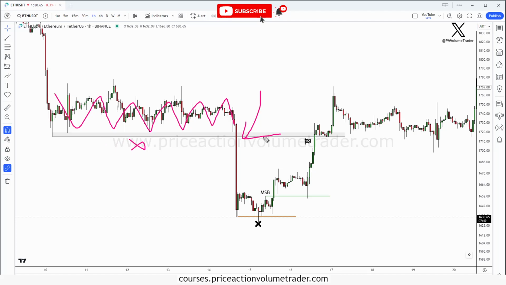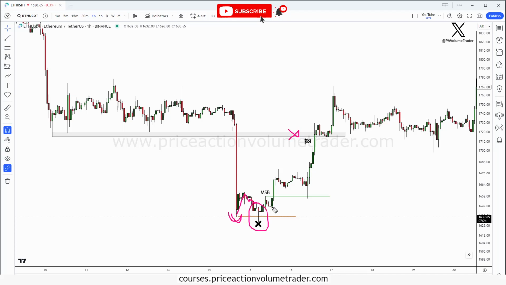We broke this level of support, so now this makes a very obvious take profit level in the future, and you can see how we come. Market puts in a low, we come back a little bit, and then right here on this pin bar we just sweep below this level and close back above.